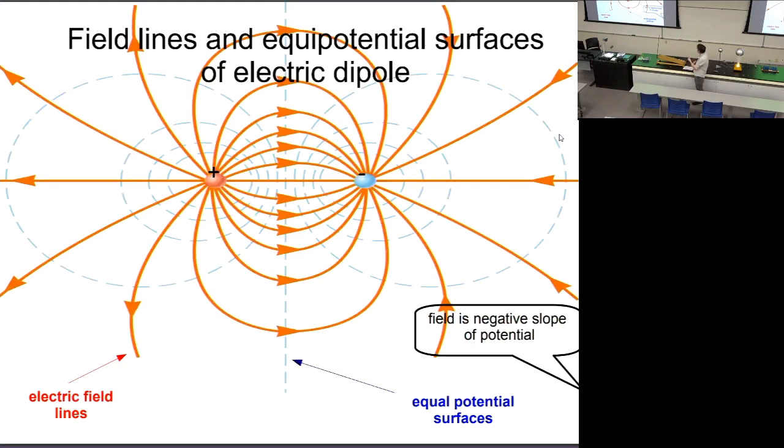But on it, I've added the electrical potential. So I've added contours of electrical potential. So the dashed blue lines represent regions where the electrical potential is the same. Everywhere on this line here, the electrical potential is, say, 3 volts.